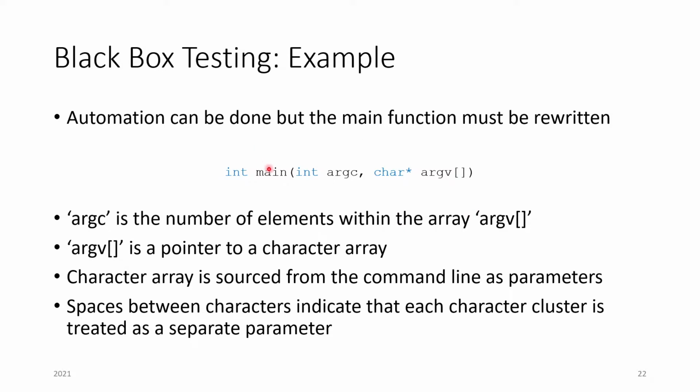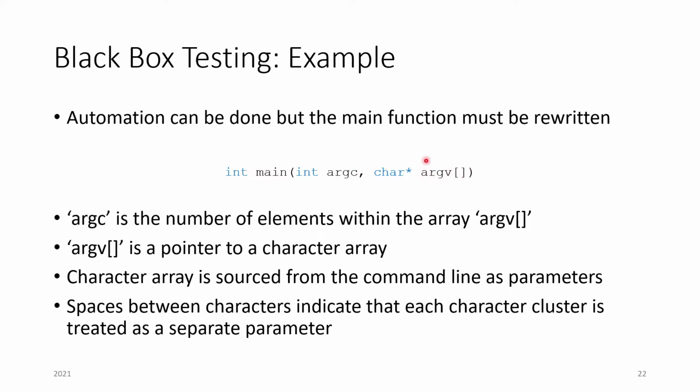For this format, we're going to pay attention to the variables that we're going to use for our inputs to the main function. In particular, we have argc, which is just an integer, and a character pointer to an array, a character array, labeled argv. Argc keeps track of the number of elements in argv.